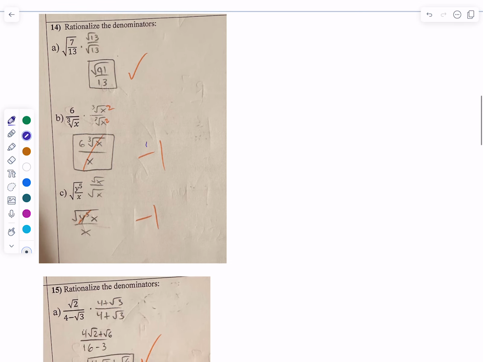Here we go. So this one here, you have 6 over. You understood really well how this worked. You rationalize the denominator. But when you rationalize the denominator, if you have a squared term, like this 13 root, you only have to create two square roots of 13.